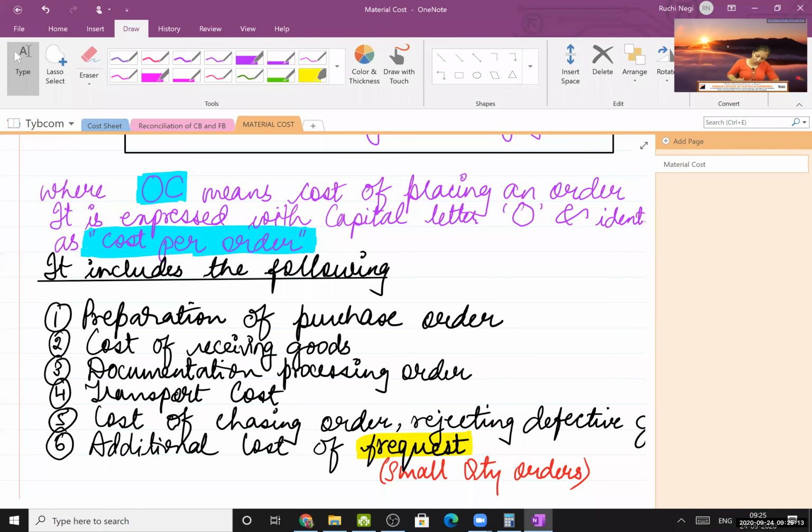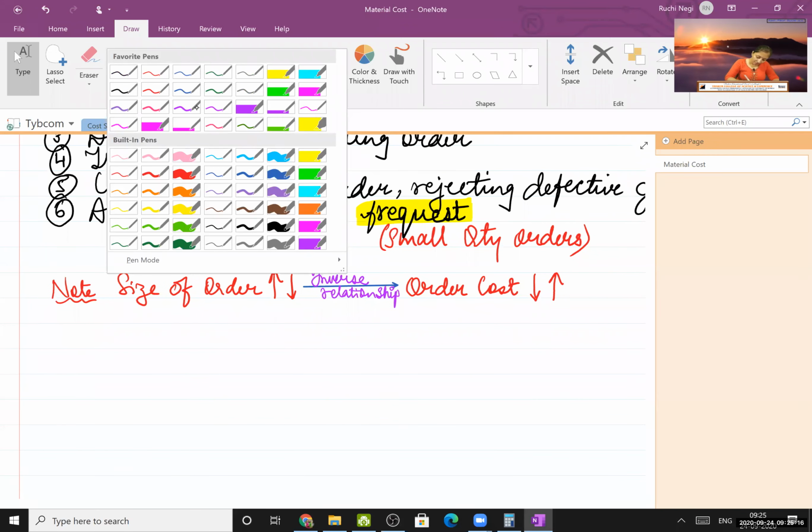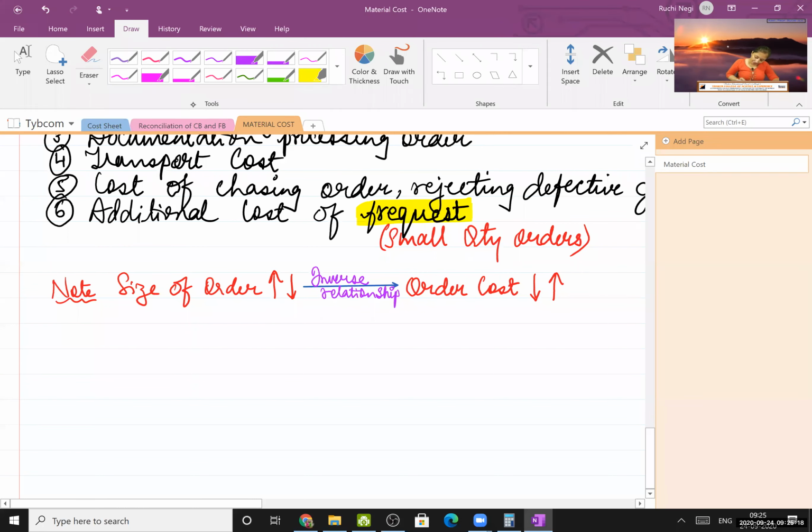Now we'll come to CC, carrying cost. What is right about carrying cost?